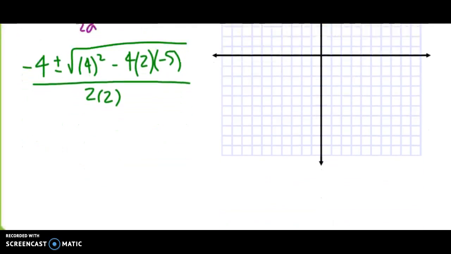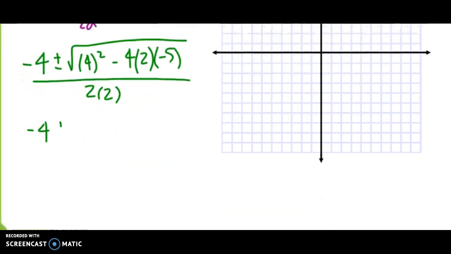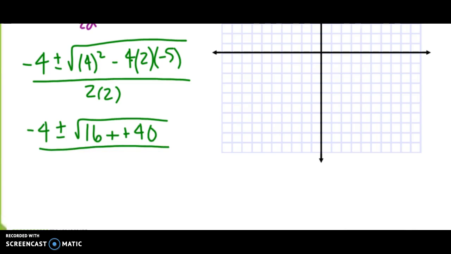So I put this into my calculator, simplify it just a little bit, plus or minus square root of, let's see, 16 minus 4 times 2 is 8, times negative 5 is negative 40. So really this is plus 40, and then over 4.